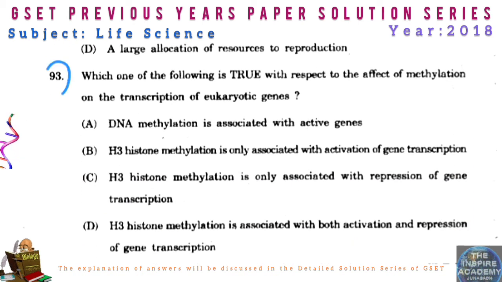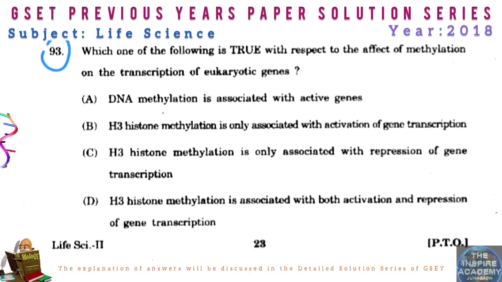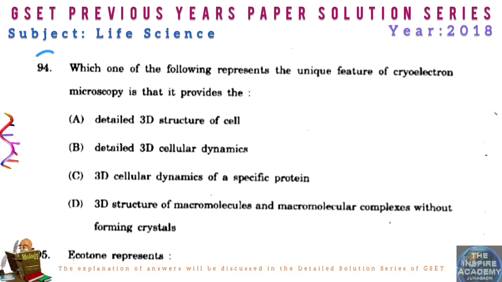Question number 93. Which one of the following is true with respect to the effect of methylation on the transcription of eukaryotic genes? Option D. H3 histone methylation is associated with both activation and repression of gene transcription. Question number 94.